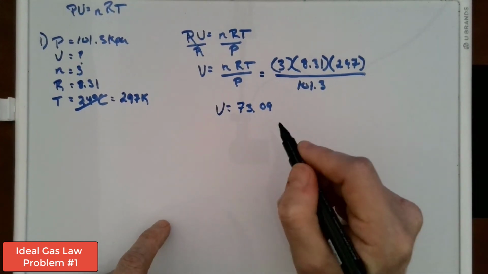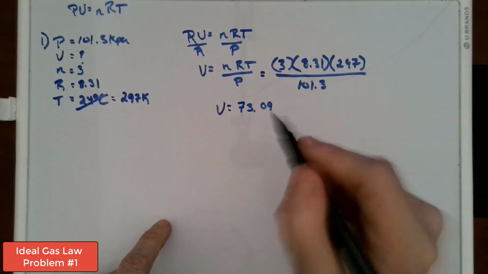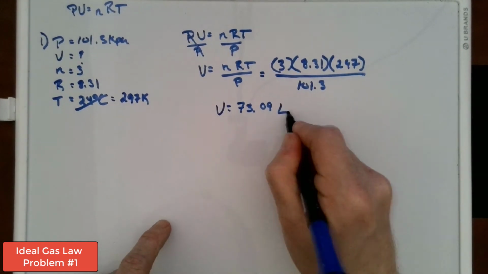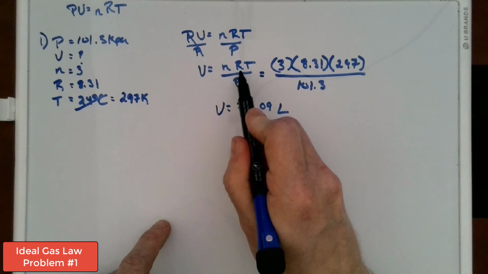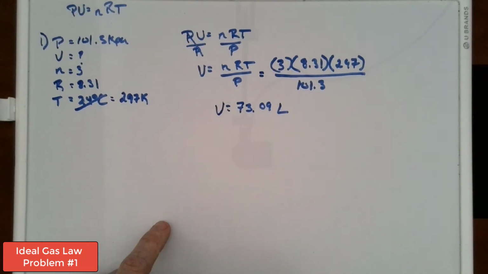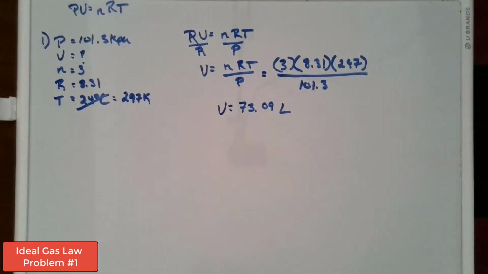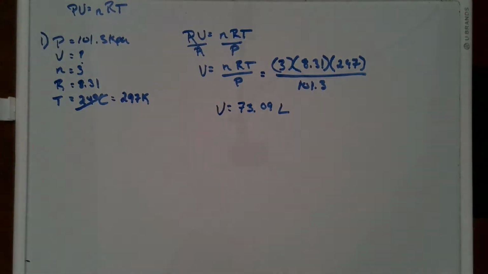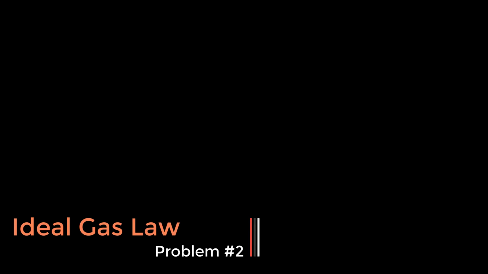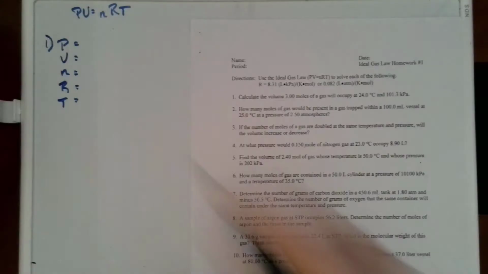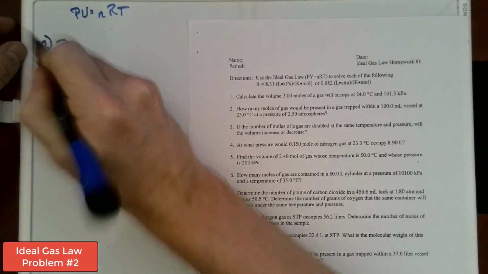Then we need to discuss a unit. Because this is the ideal gas law, the volume must always be in liters, and that is primarily because the R value is always given in liters.